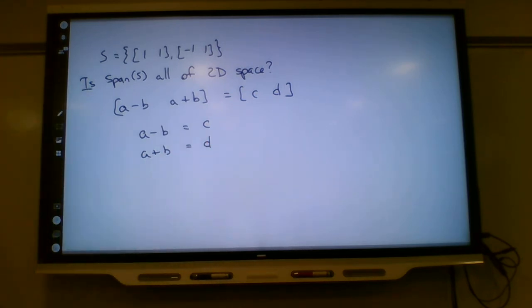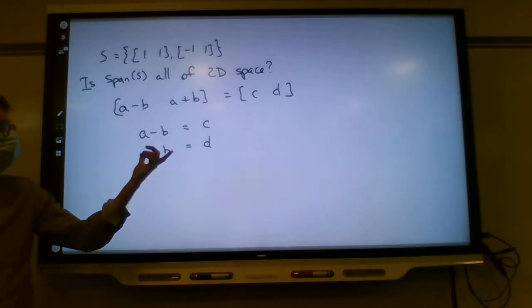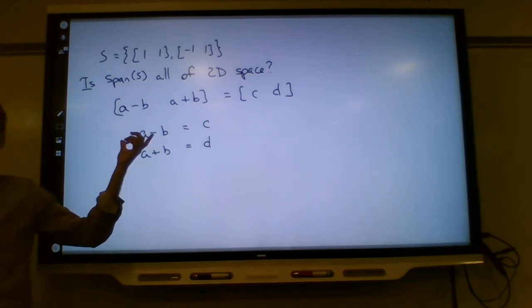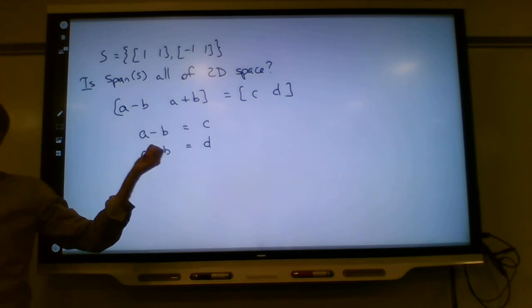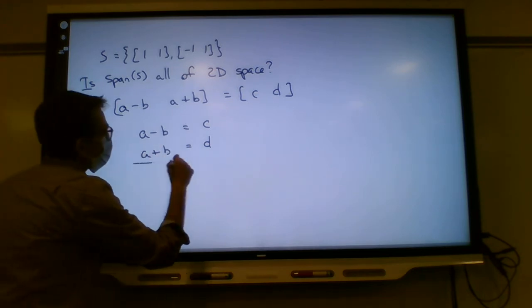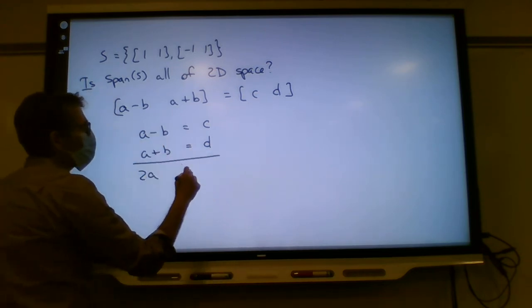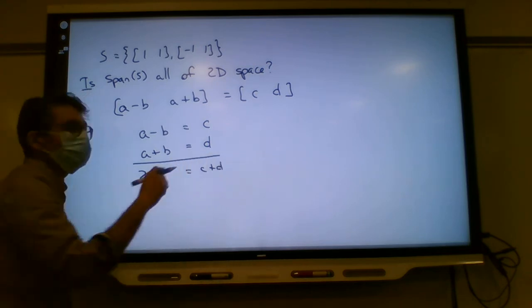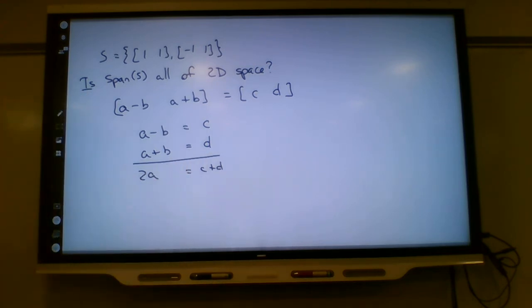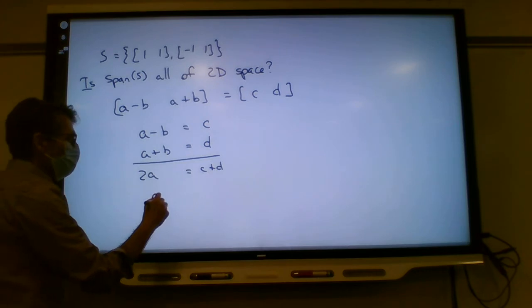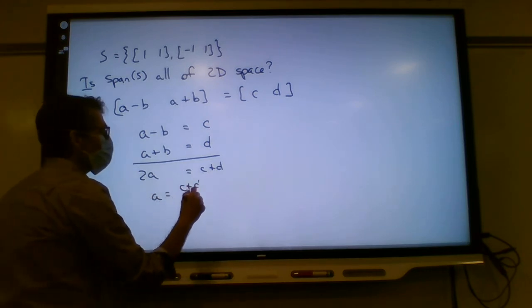Can we always get a choice for a and b? Well, if we solve this, we have 2a is equal to c plus d. So a needs to be c plus d over 2.